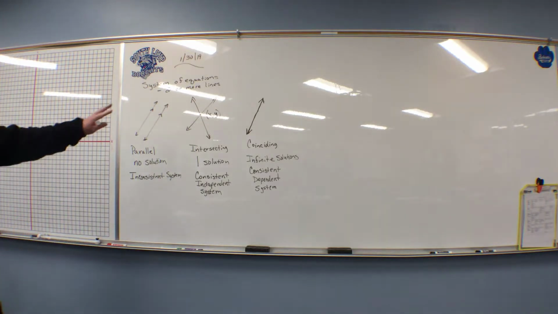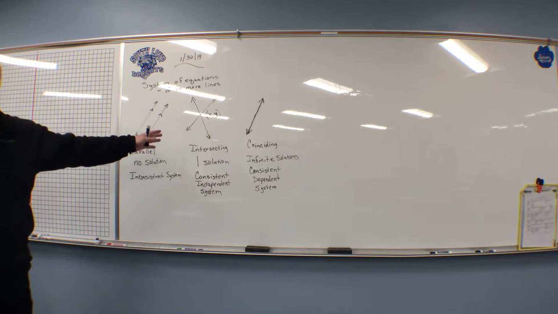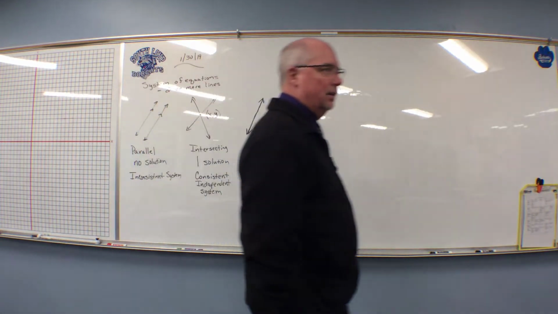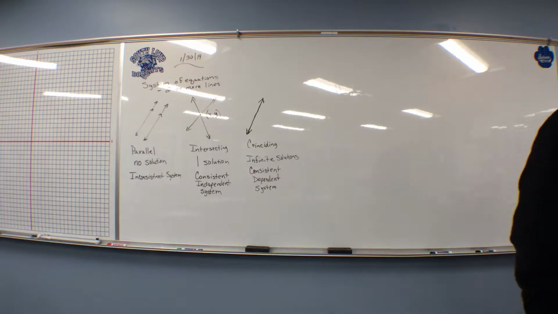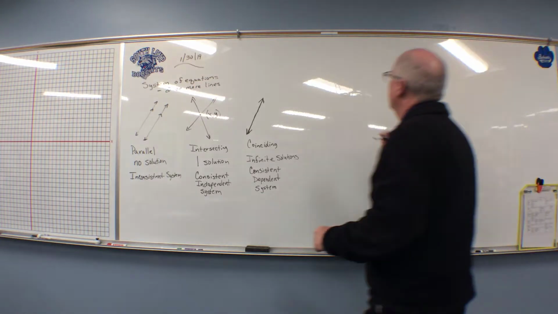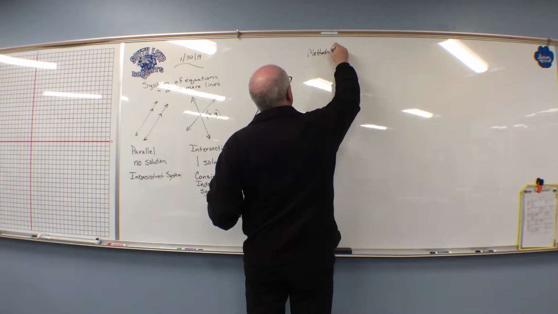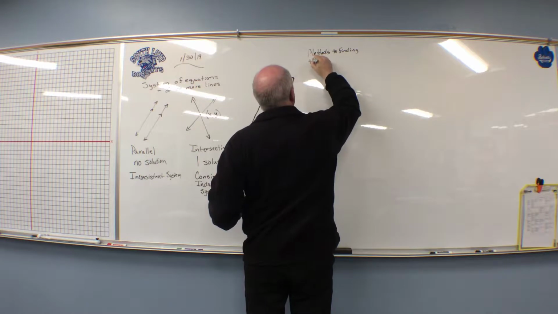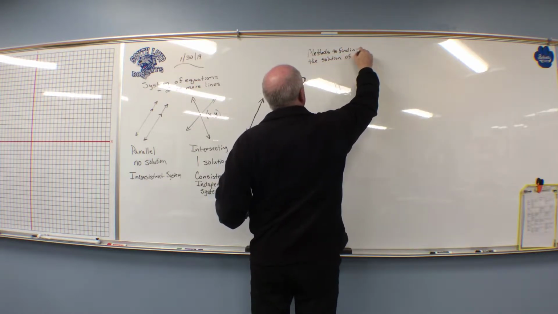So now this is what a system is, right? But how do we find this? How do we find out if the system is parallel, intersecting, or coinciding? Today is graphing, but there are other methods of finding the solution of a system.